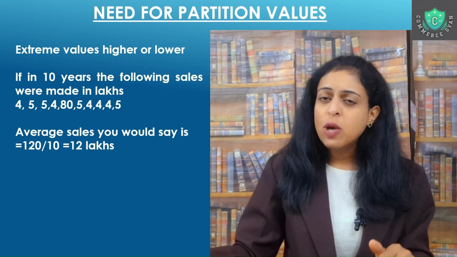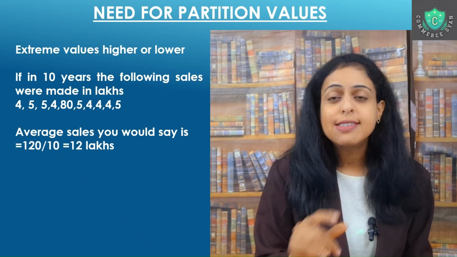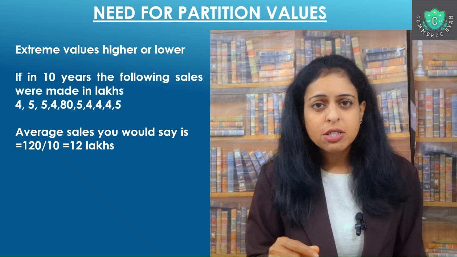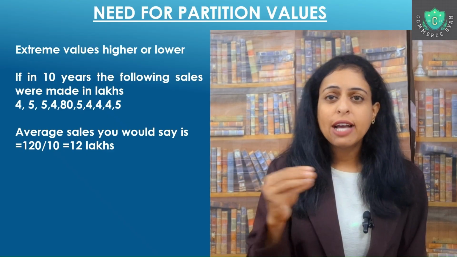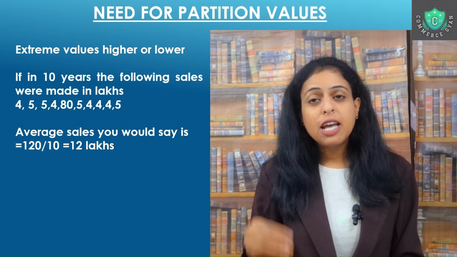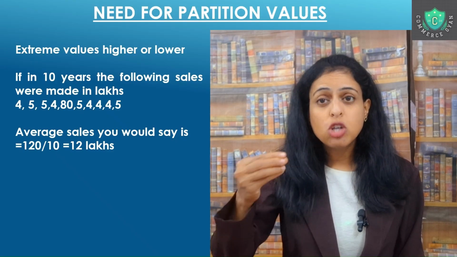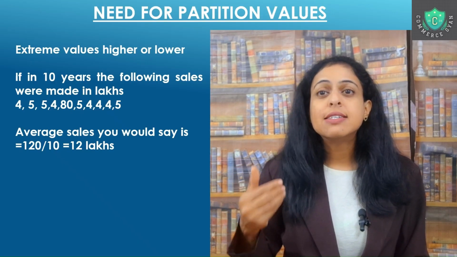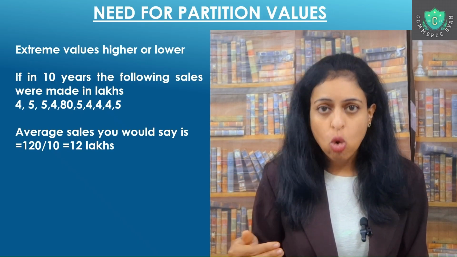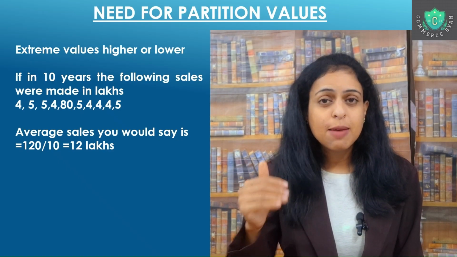If I say 12 lakhs is the average sales of that organization in the last 10 years, will it be correct? Look at all the years. Most of the years have values of 4 lakhs and 5 lakhs, and suddenly you are saying 12 lakhs is the average because of that 80 which has gone up. That is wrong.